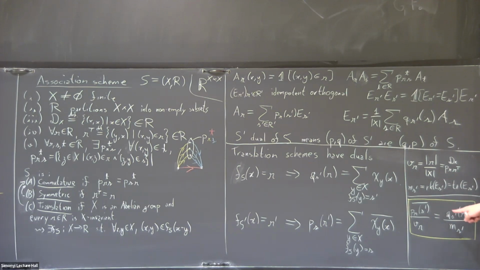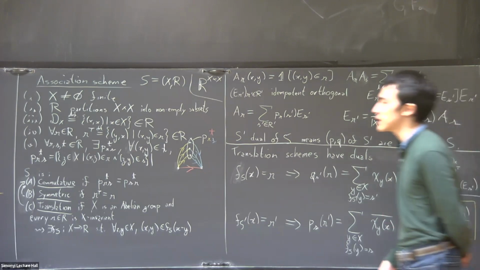The P and Q functions are very much related. They have this weird inversion formula where if you take the P function of S' and divide by the valency, you get the Q function of S' of R divided by the multiplicity, except for some conjugation. Multiplicity, which is the rank. Sometimes we call this the symmetry of the P and Q functions.